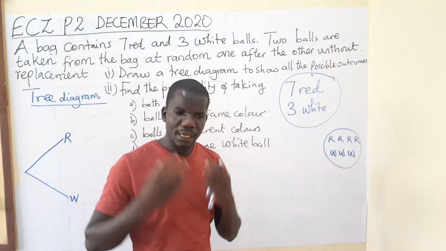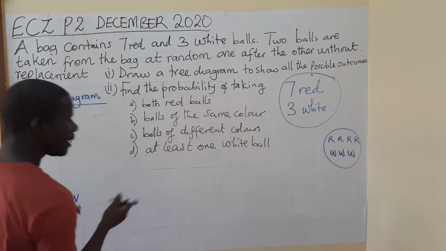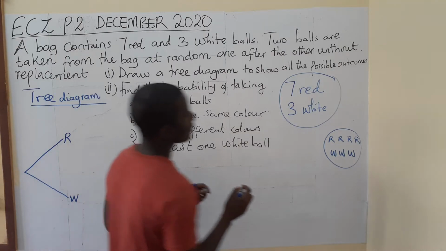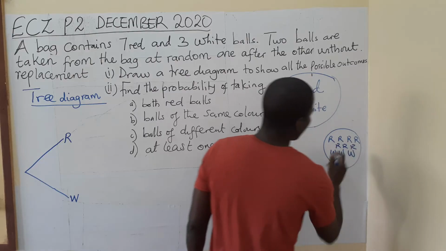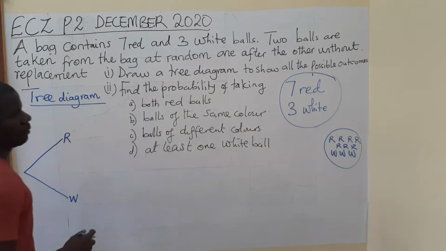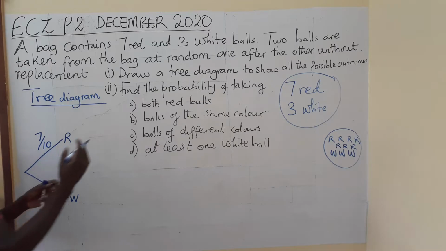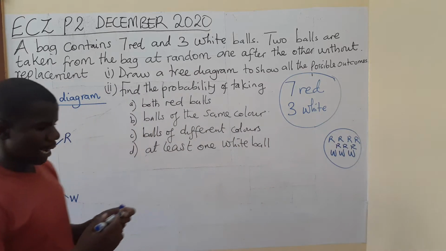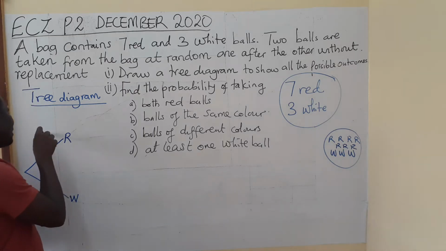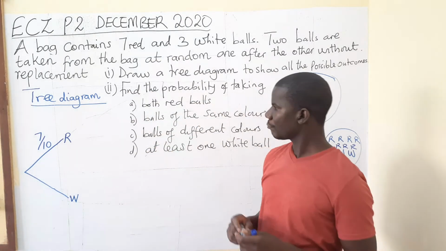We look at the number of red balls that we have in the bag. How many are there? There are 7. So we have 7 over the total number of balls in the bag. How many are there in total? They are 10. And the probability of picking a red ball is 7 over 10.